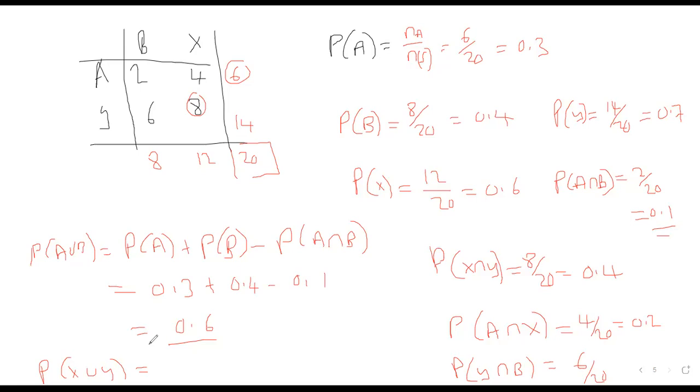So what's the formula? Probability of X plus probability of Y minus probability of X intersection Y.